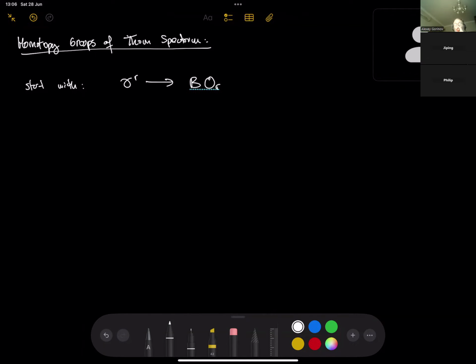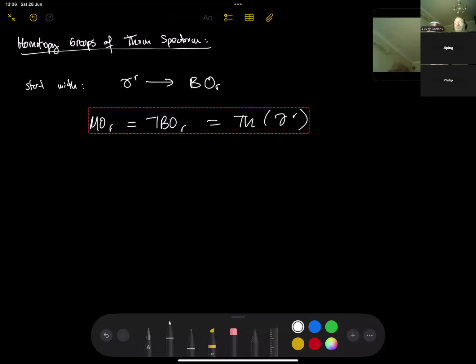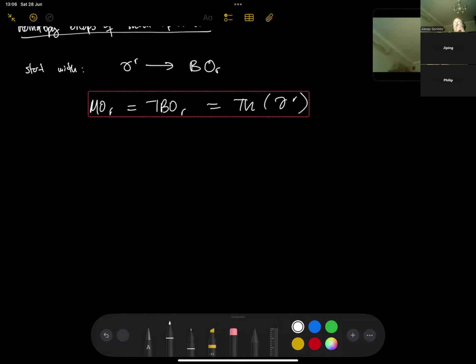So MO(R), or TBO(R), I'll also use this notation, is defined as the Thom space of gamma R, where we take the unit disk bundle and we collapse the sphere bundle. This is a spectrum because it has suspension maps, which are given by the addition of a trivial line bundle.